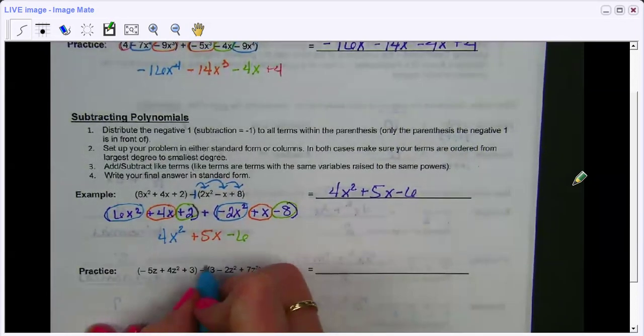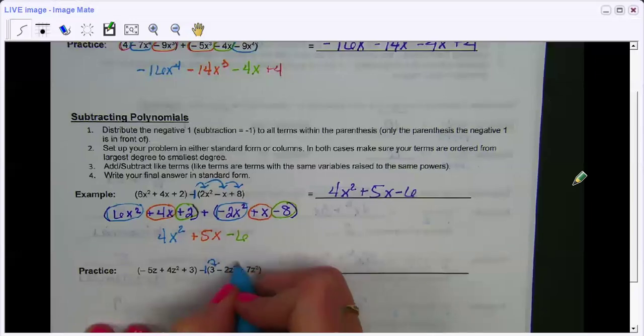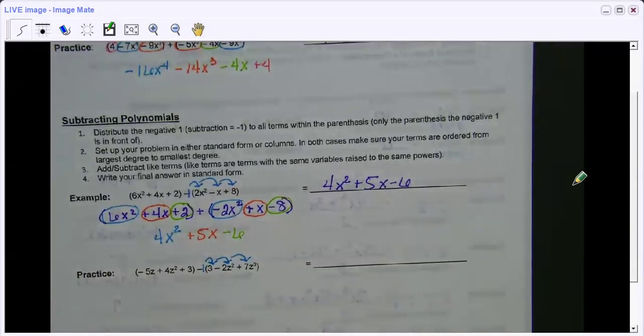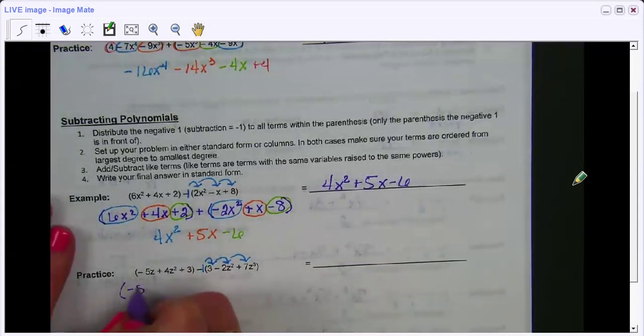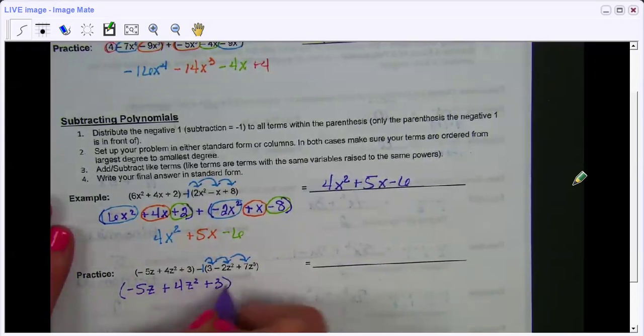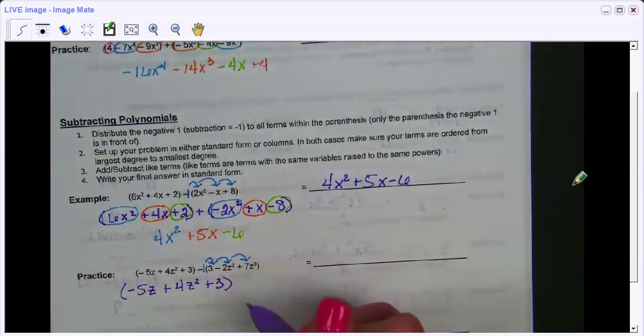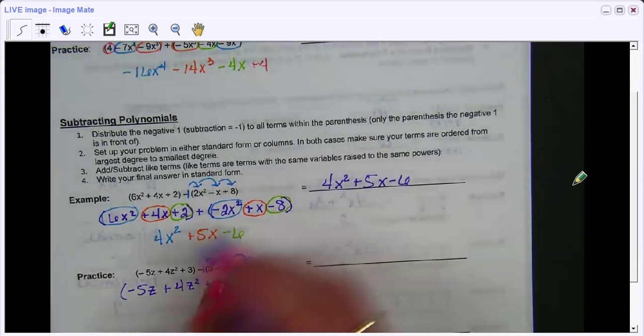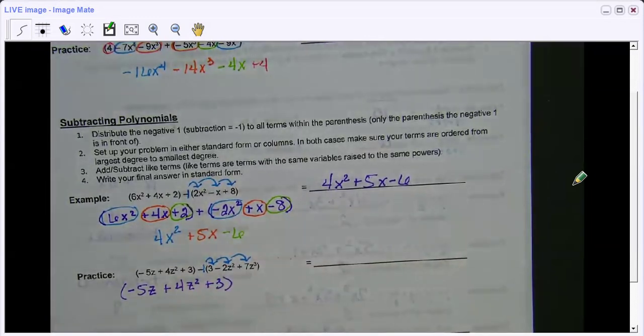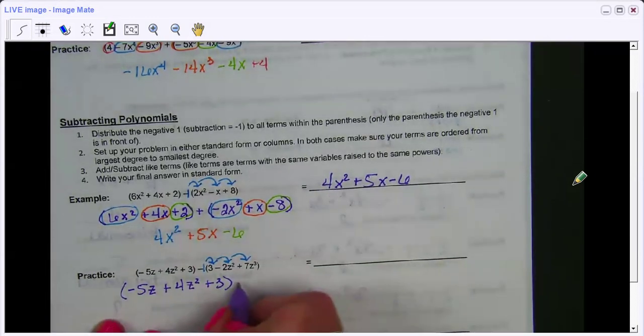So I'm going to take and I'm going to distribute a 1 here to each term. Now I rewrite the whole thing. You don't necessarily have to. I have -5z plus 4z squared plus 3. And then I'm going to rewrite my other set of parentheses, but by distributing that -1, I actually turn it into adding like this.